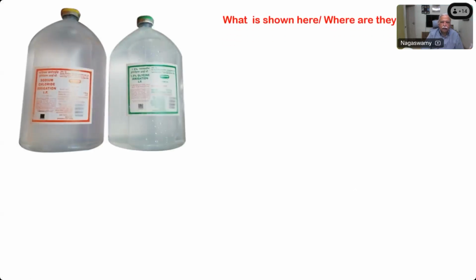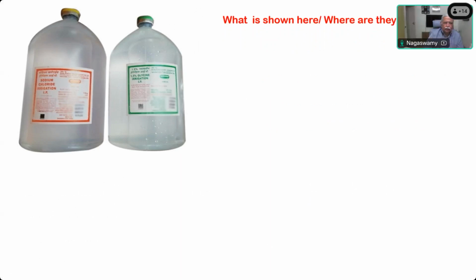What is shown here and where are they used? Irrigation fluid. You see 2 bottles. Are they both the same? No, sir. Please take time to read. One is saline and another one is 1.5% glycine. First, you must describe what you are seeing.